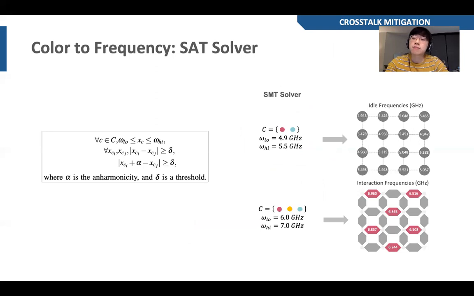Once the graphs are colored, we can finally translate colors to frequencies by writing down a constraint satisfaction problem. Each qubit has a range of tunable frequency and some constraints such as resonance and leakage with its neighbors.